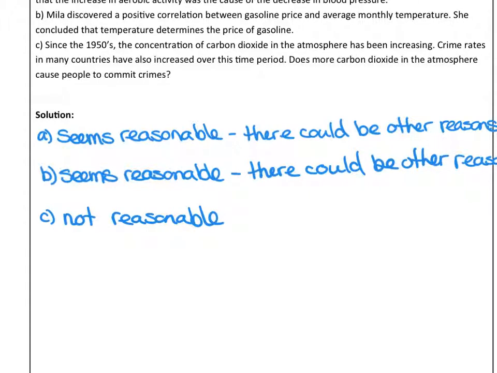There could be way more factors than just the carbon dioxide in the atmosphere that cause crime rates, and so blaming it on carbon dioxide just seems ridiculous. So use your common sense with these ones. You can't really conclusively say that with this one.